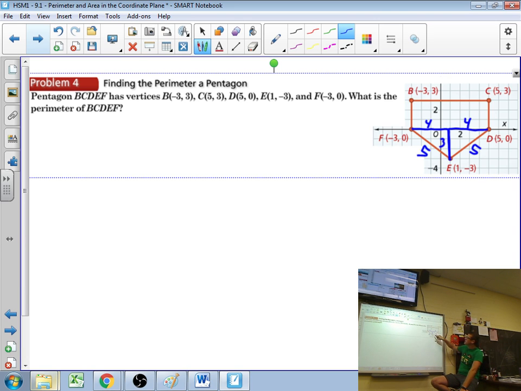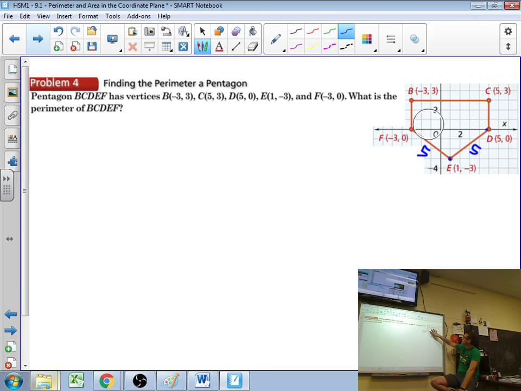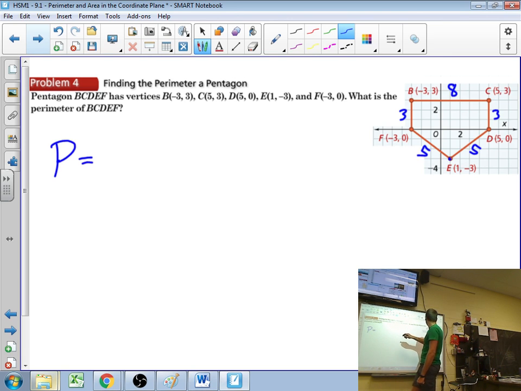So now that I have both of those as 5, I don't care about the triangles that I'm inside. I need to care about my other lengths. I've got a 3 here. I've got 1, 2, 3, and then 1, 2, 3, 4, 5. So I've got an 8 here, and then I've got a 3. Again, I could be using the distance formula, but since we're on the coordinate plane, it's just as easy to count. So, to find our perimeter, add up all the sides.